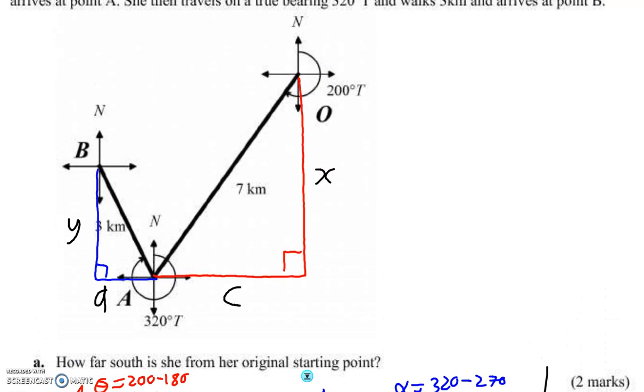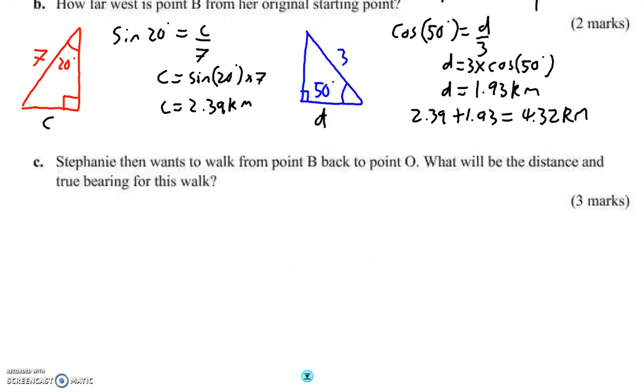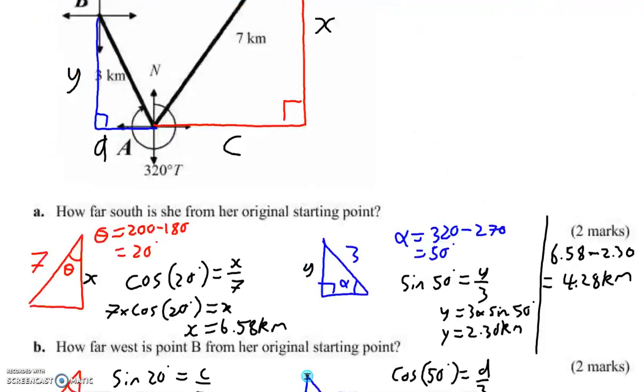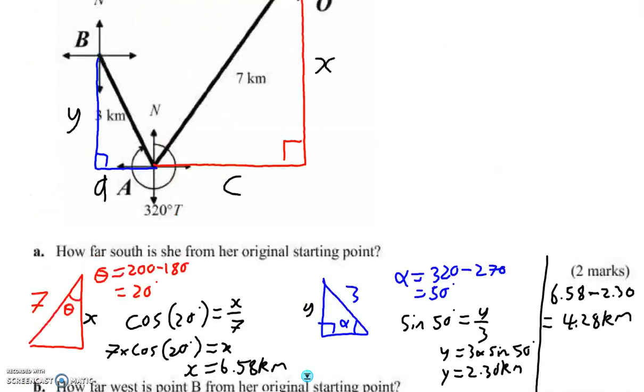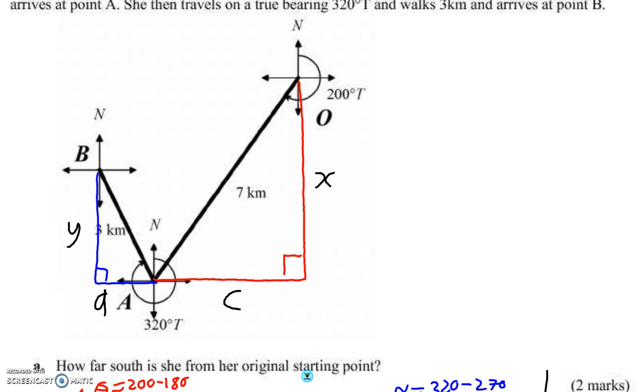Now, our final triangle that we're going to draw, because we're trying to find how far Stephanie has to walk to head back to her original starting point. Okay, and we want the true bearing of this walk. In order to get back to where she started, we know that she's at B. We draw a right angled triangle, in a more obvious color.